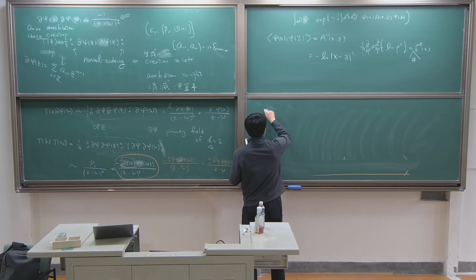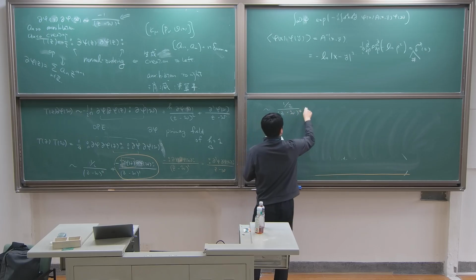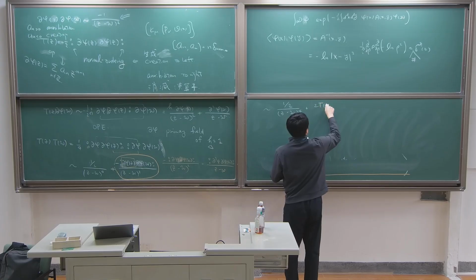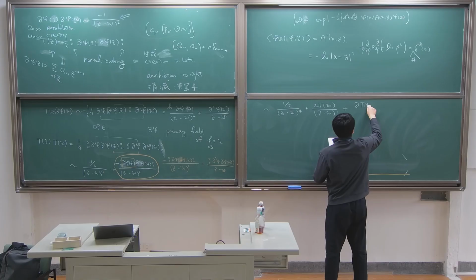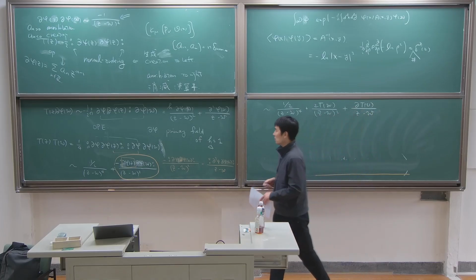Okay, so now this one is equal to 1/2 (C minus W) to the fourth, W of (C minus W) squared, and then plus this is del T of W over (Z minus W). That's what we get.